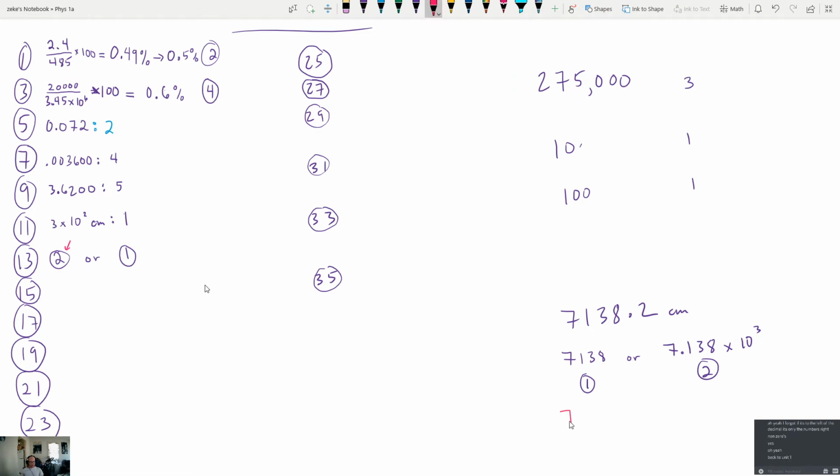We want to write it either as 7.1 times 10 to the 3 cm, or the other option would be to write it as 7100. And I think both of these answers are on there too, right? This is answer number 7, and this is answer number 10. In this case, I can definitely say that this is a better answer. So I think the answer number 15 is in fact 10.